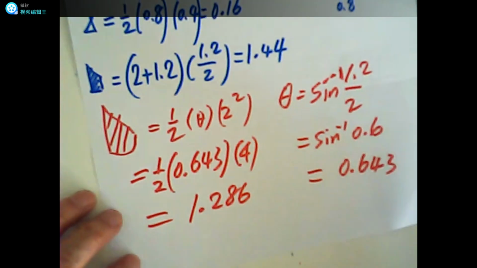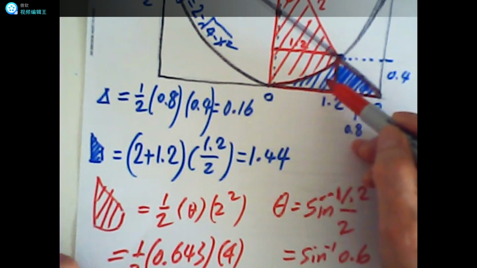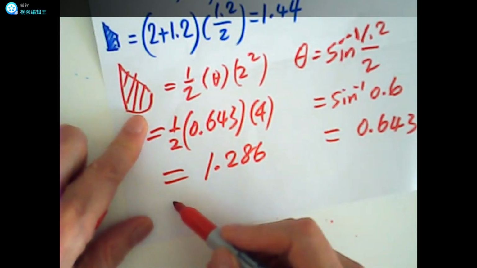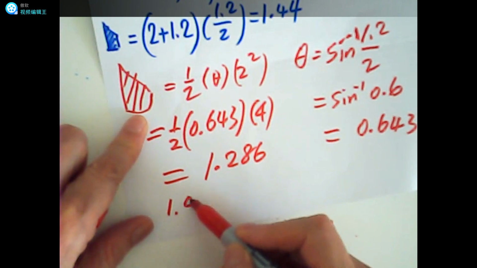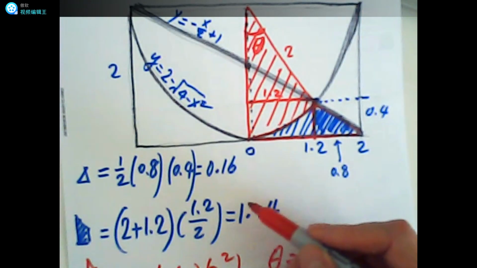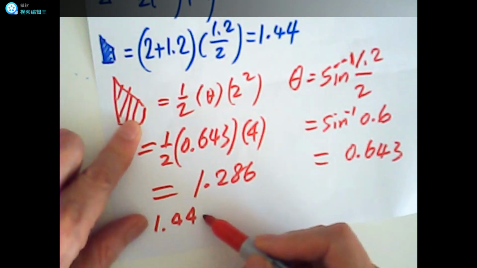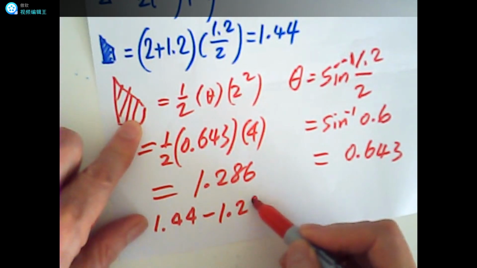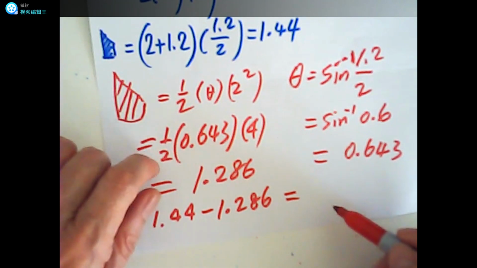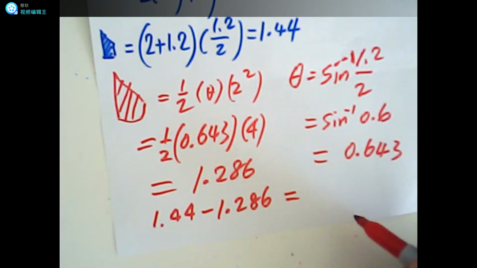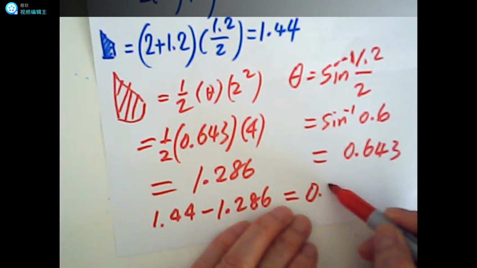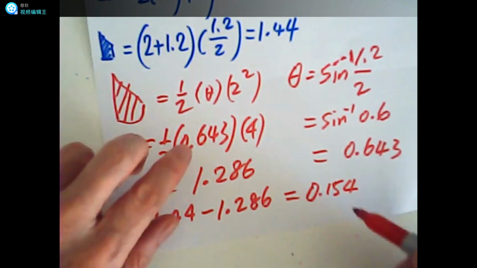All right. Therefore, this piece is the trapezium minus this sector. So therefore, this is the area of a trapezium minus the area of one sector, which is equal to 0.154.